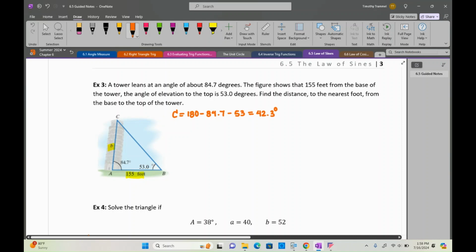So let's go ahead and write that. I'm going to start off with the b because that's what we're solving for. I purposely am putting the side lengths on the top here.